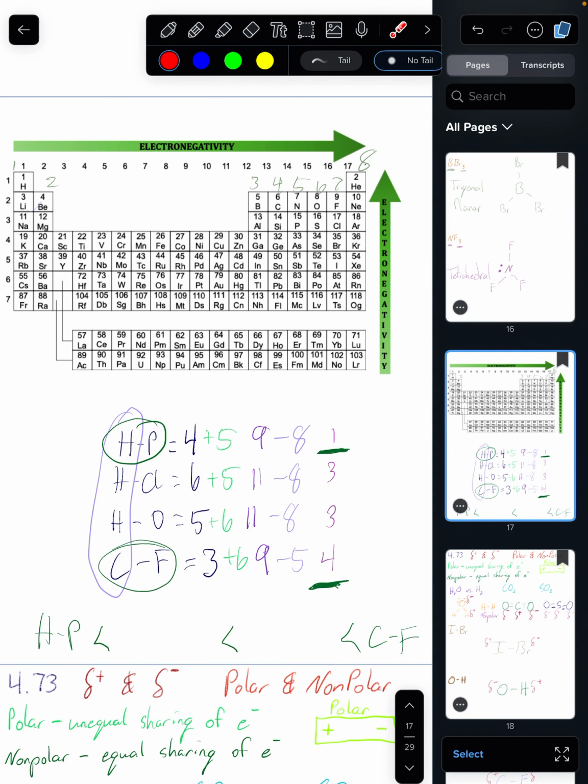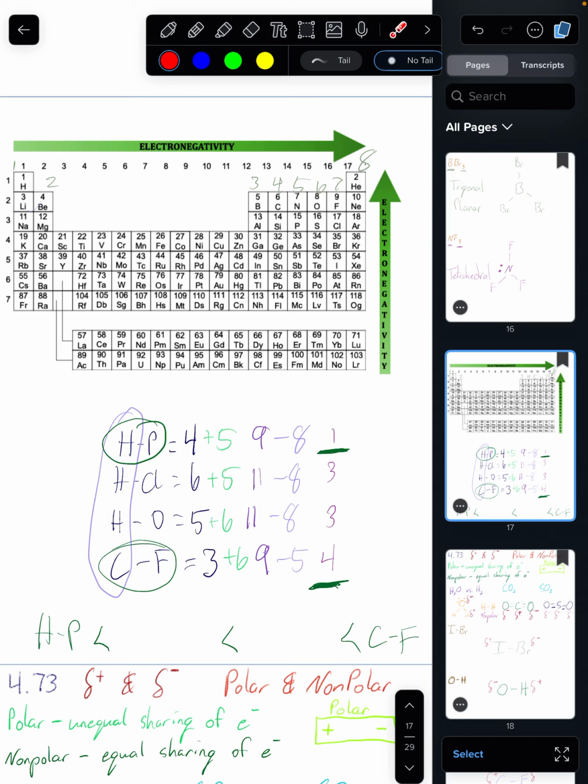How many points got more? It's going to be this oxygen one. I got 6 points added compared to the 5 points.